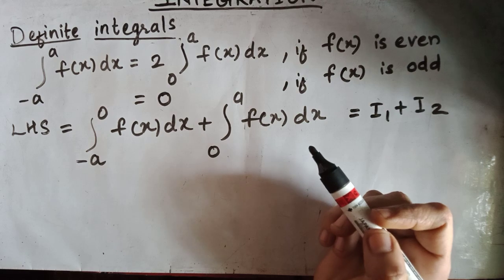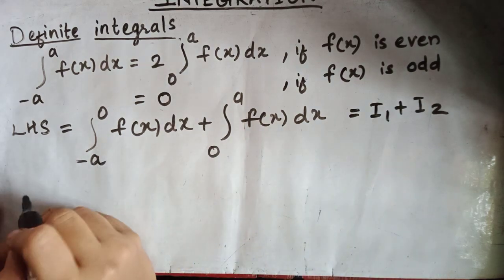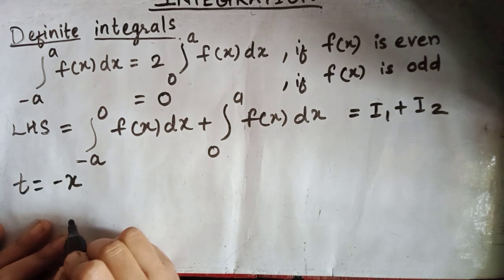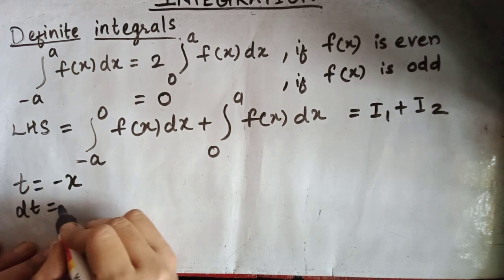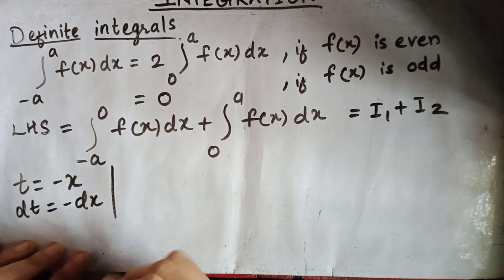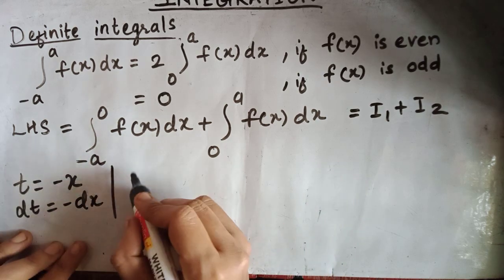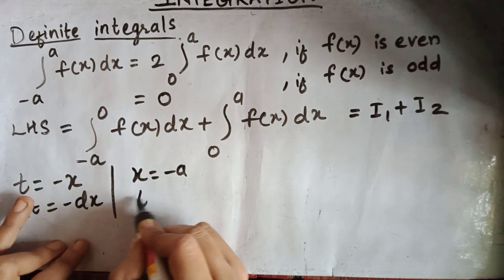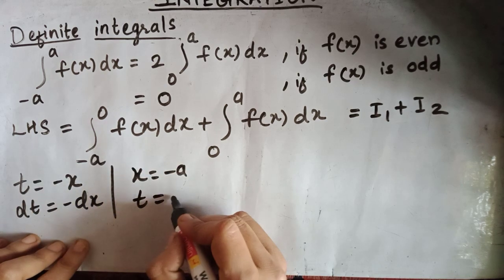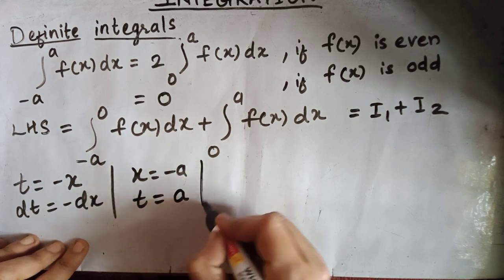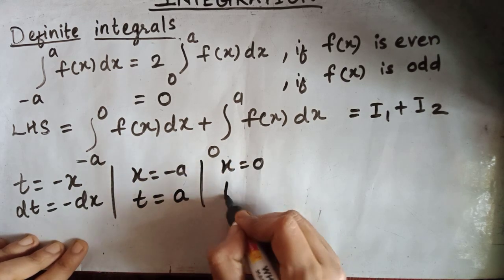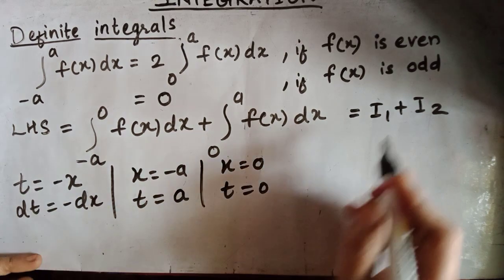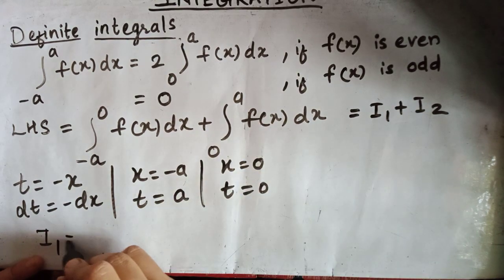Okay, so solving I1, put t equal to minus x. Okay, so dt will be minus dx. Now change the limits. Since it is minus a, when x is equal to minus a, you will get t equal to a, right? And when x is equal to 0, you will get t equal to 0.